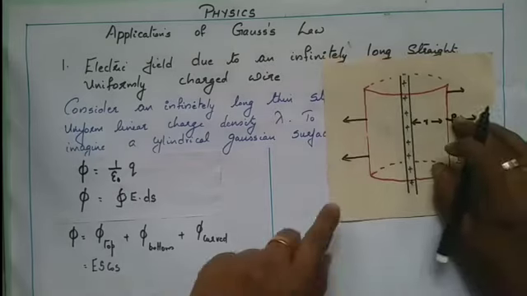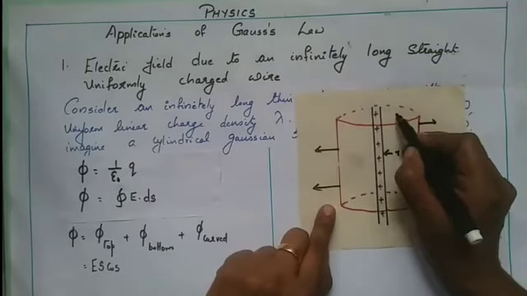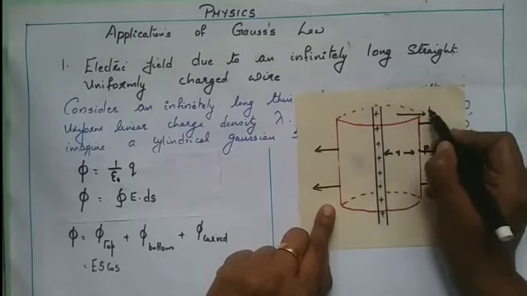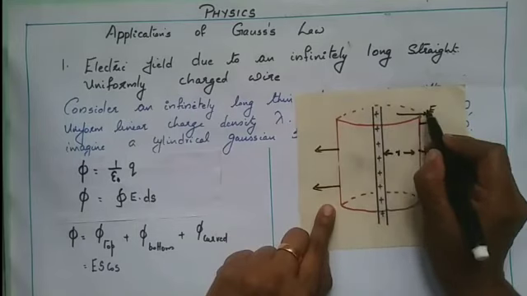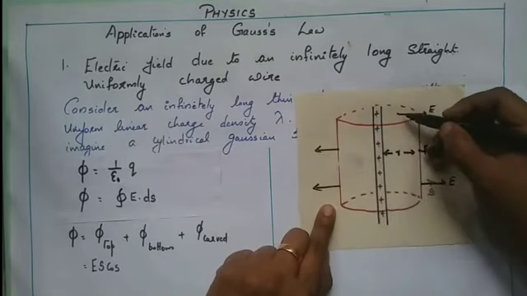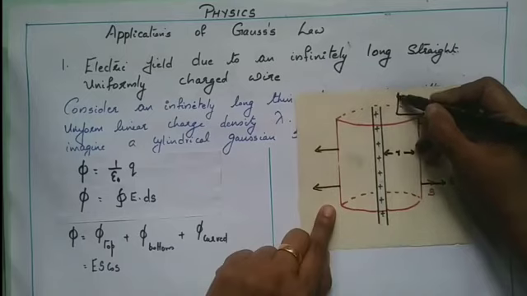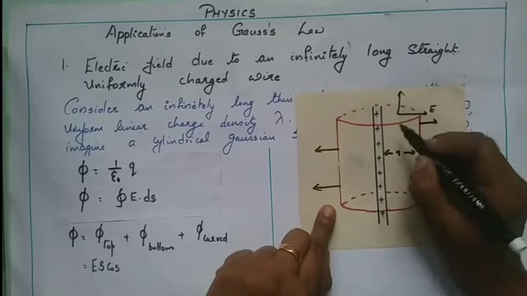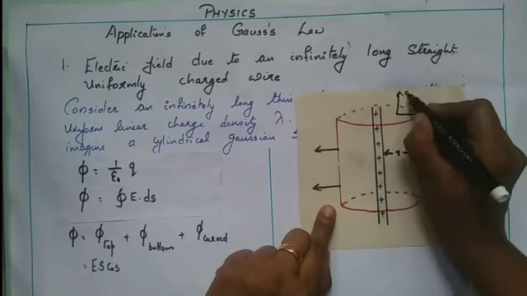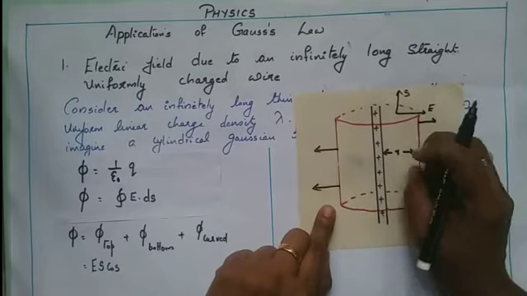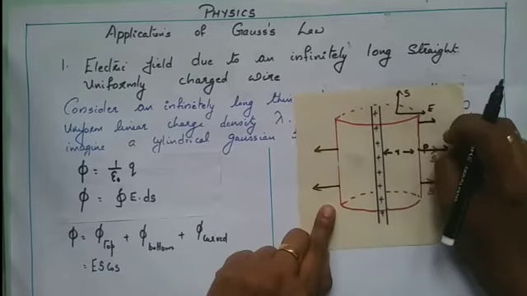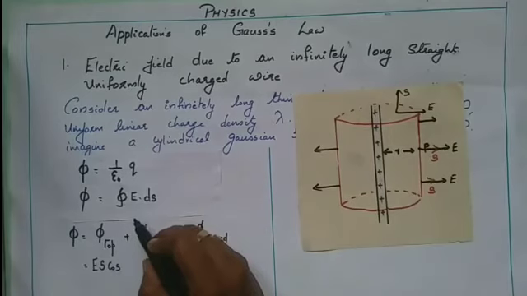In the top region, because it is a positive charge, the electric field is radially outward, and the area vector is perpendicular, in the upward direction. So the electric field and area vector are perpendicular. Therefore, what is the value of theta?